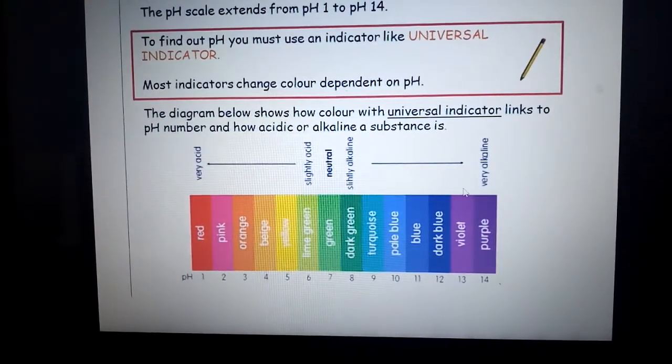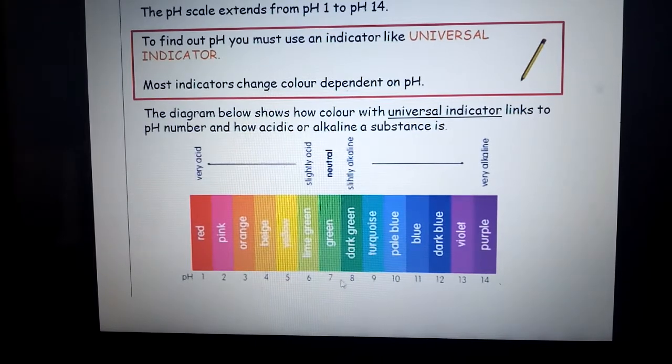In other words, pH 7 neutral. pH 6 asid lemah. Semakin turun pH 6 turun 5, turun 4, turun 3, turun 2, turun 1, dia semakin berasid. Lagi kuat asid dia. pH 1 paling kuat. Tetapi sebaliknya untuk alkaline, semakin tinggi nombor pH dia, semakin alkaline.